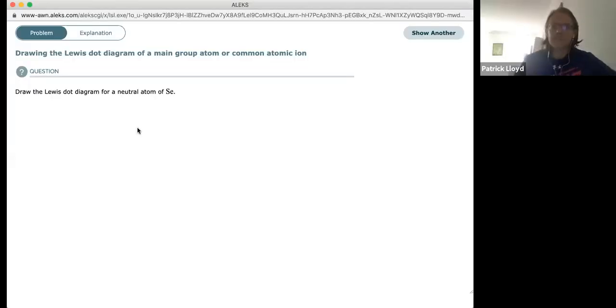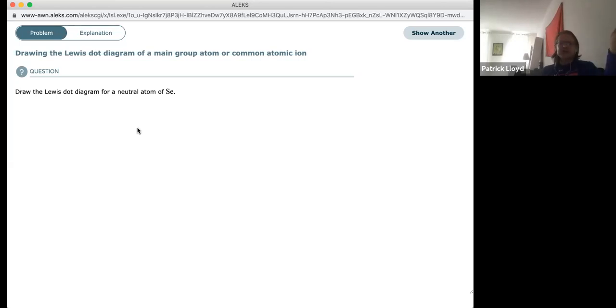Now what we're going to do is let's take a look and find a problem here. Okay, drawing Lewis dot diagram.